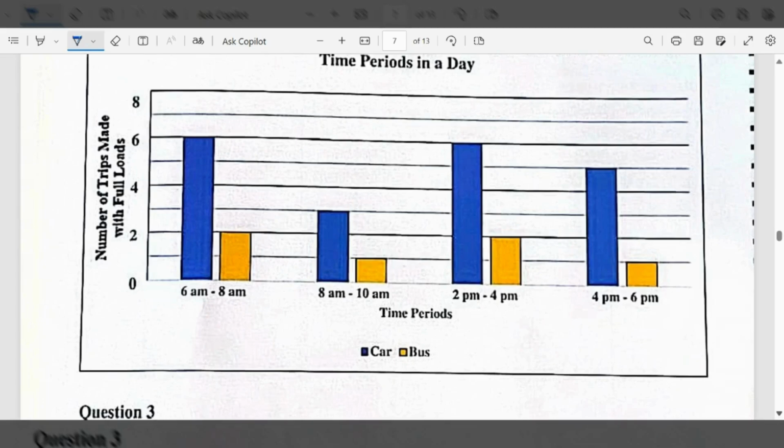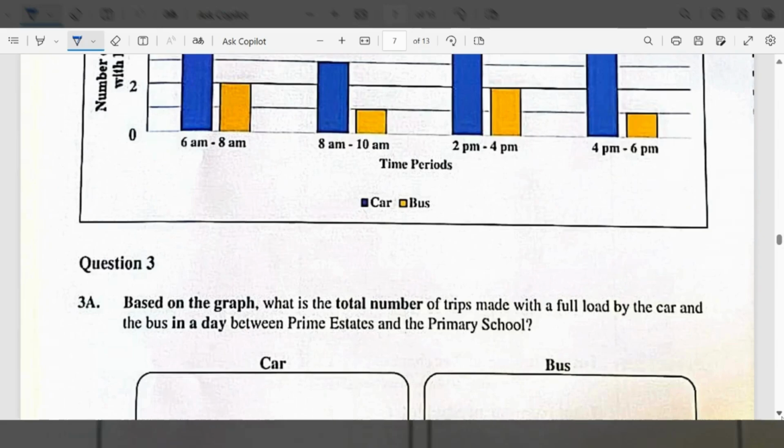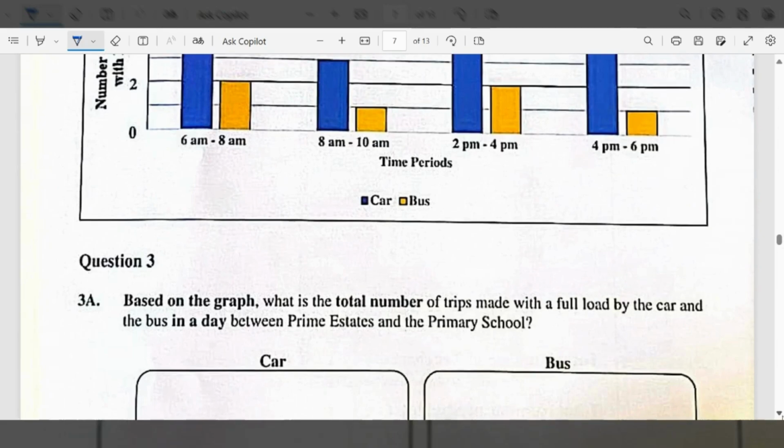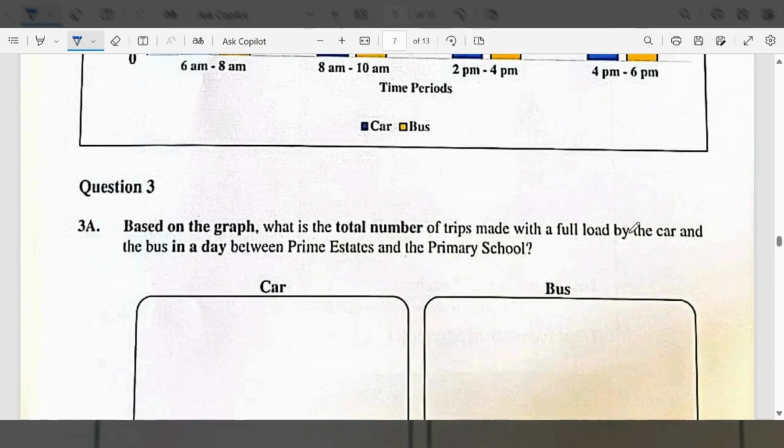We're going to analyze this later when we're doing the questions. So question 3 says, based on the graph, what is the total number of trips made with a full load by the car and the bus in the day between Prime Estate and the primary school?